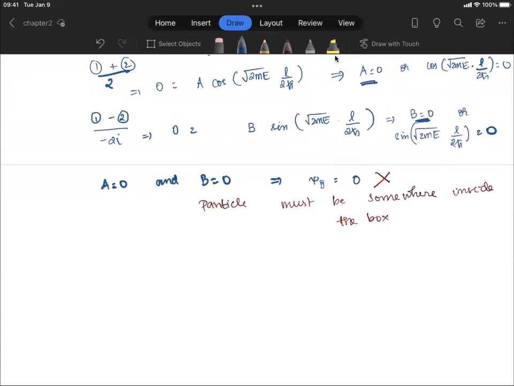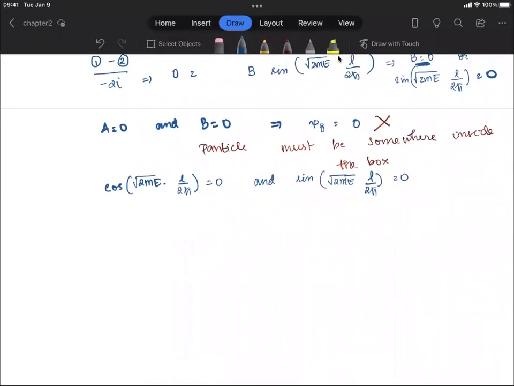Now, similarly, if we chose the cos term to be 0 and the sine term to be 0 in both the cases. Here we are saying that if we chose these two conditions, then that would imply that cos theta is equal to 0, which is equal to sine theta.